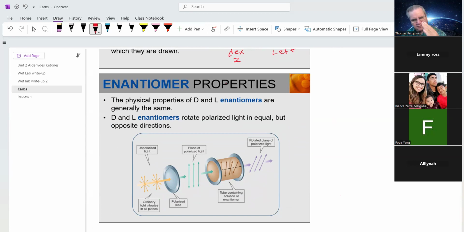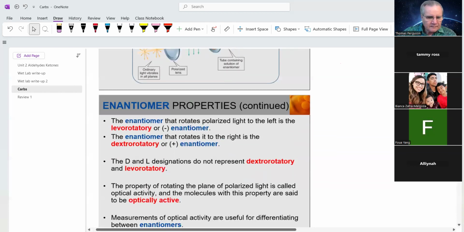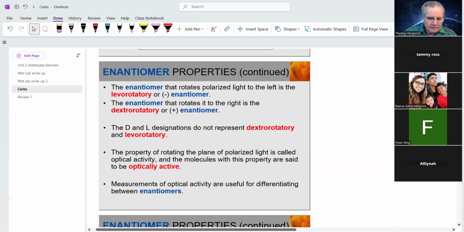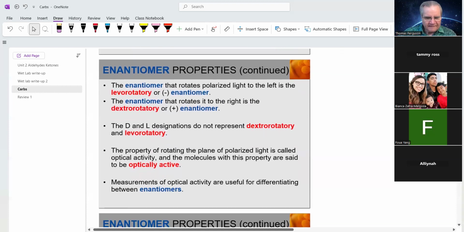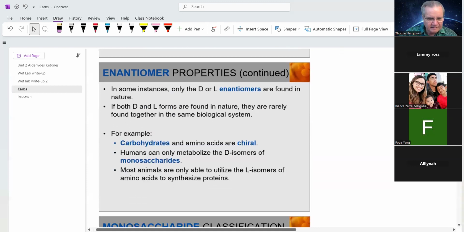So the more it turns, the more concentrated that sugar solution is. When I did undergraduate research a couple of different times, one of the times I worked for a carbohydrate chemist, and we used this device in the lab quite a bit. Okay, that's the main thing I want you to know on that.